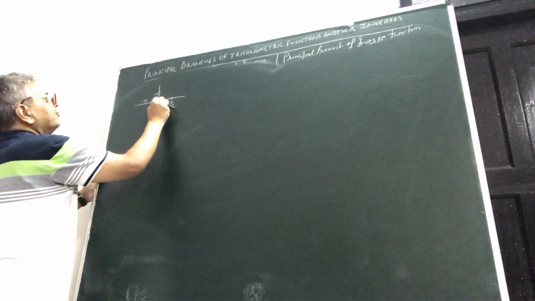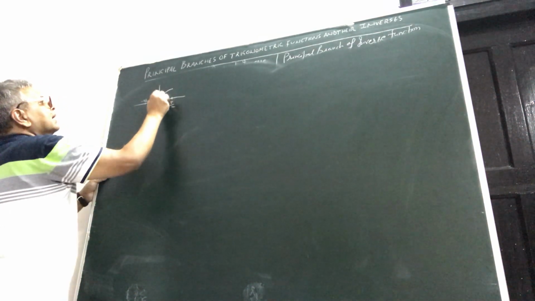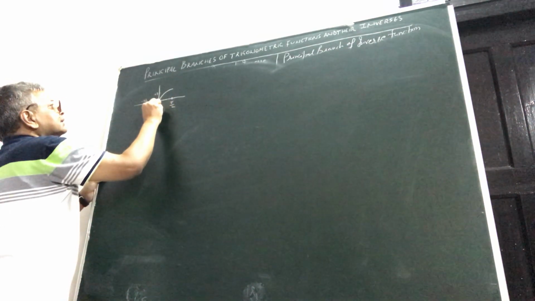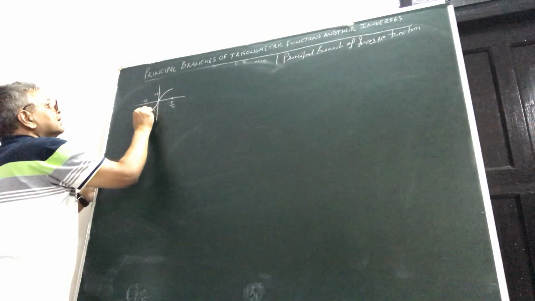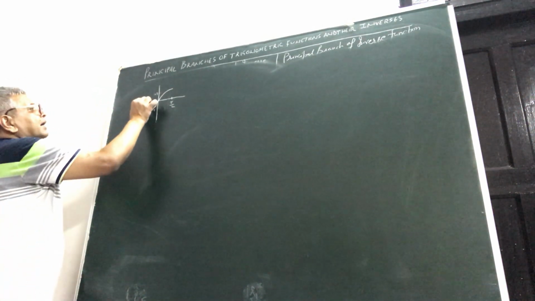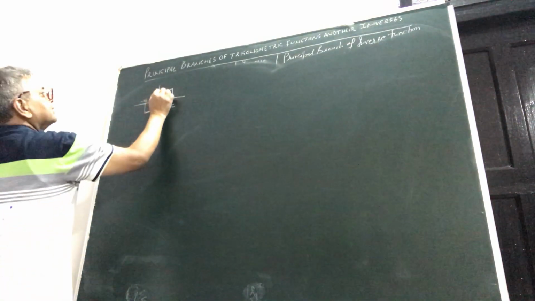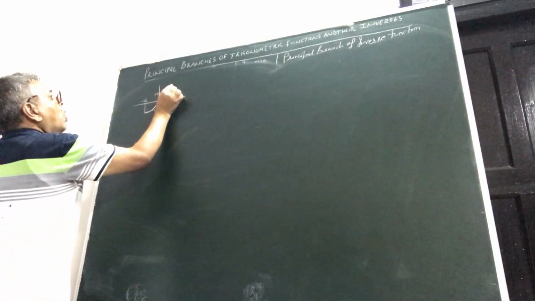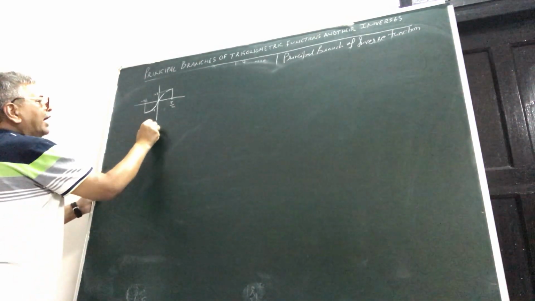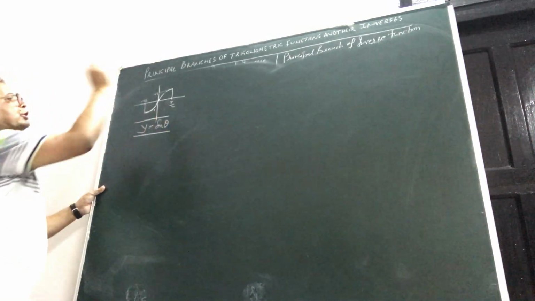So see, it is just like this. This is the principal branch. At minus pi by 2 it is like this, and at plus pi by 2 it is plus 1. This is the graph of y is equal to sine theta in its principal branch.